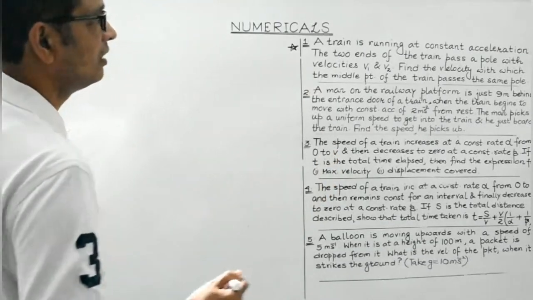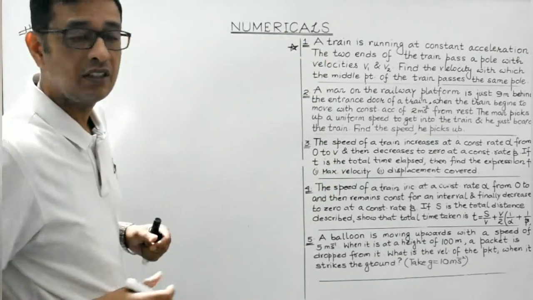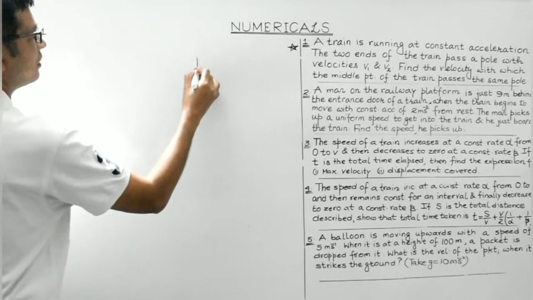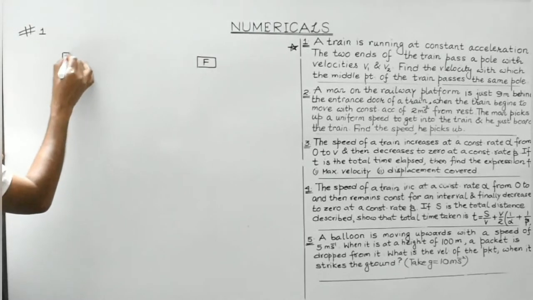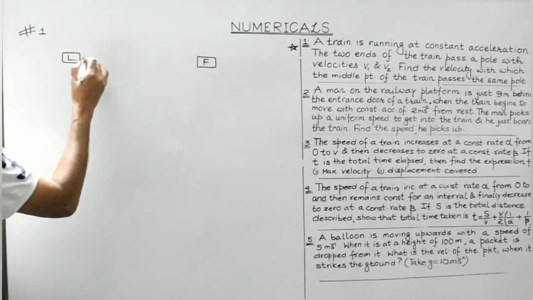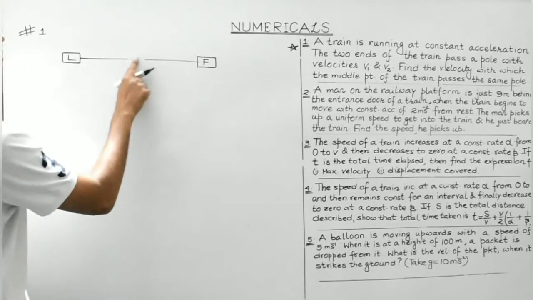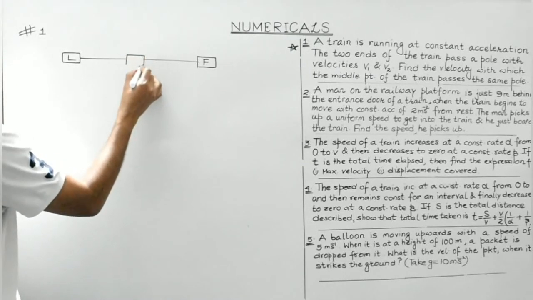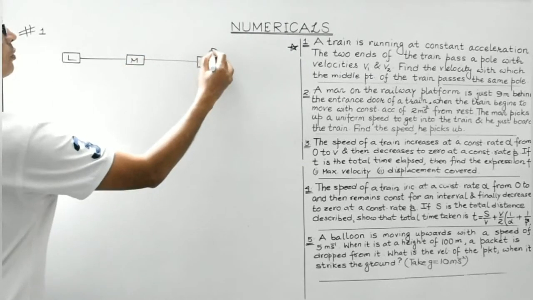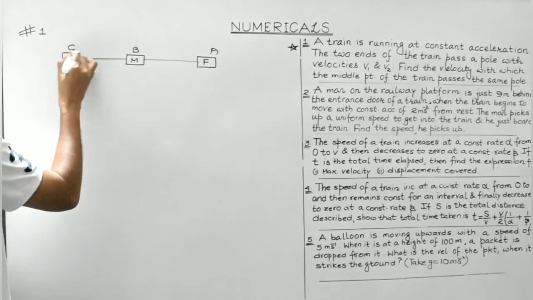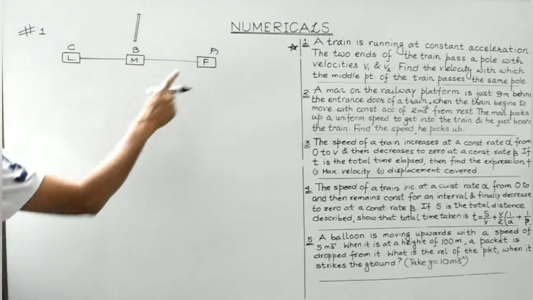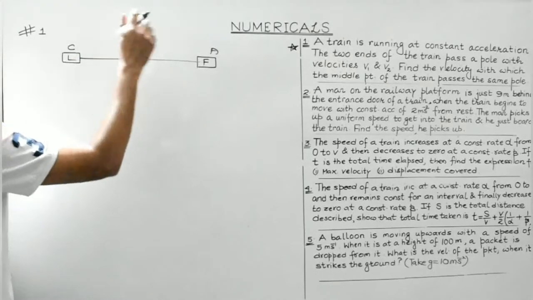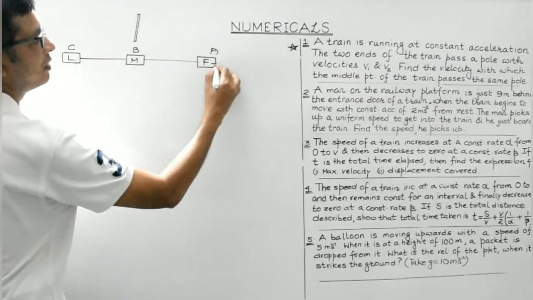So let me depict the entire situation with the help of a diagram. Suppose this is the front end of the train and this is the last compartment of the train. And this is suppose the midpoint of the train, right? Represented by M. Let us consider this to be A, this to be B, and this to be C. And this is the pole. So when this front end crosses this pole, it possesses velocity of v1.